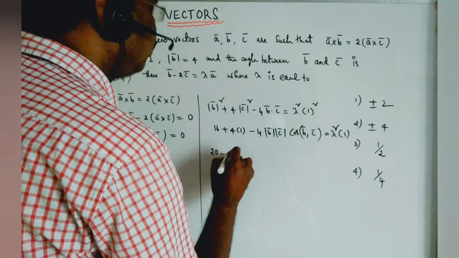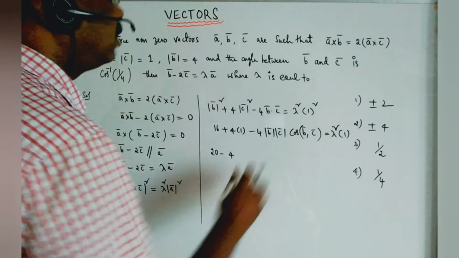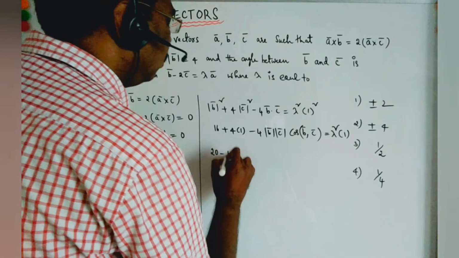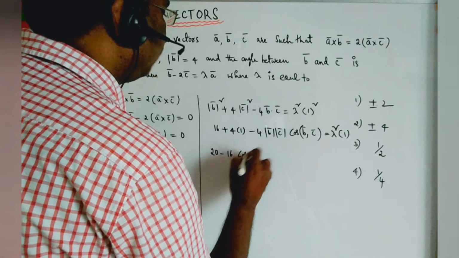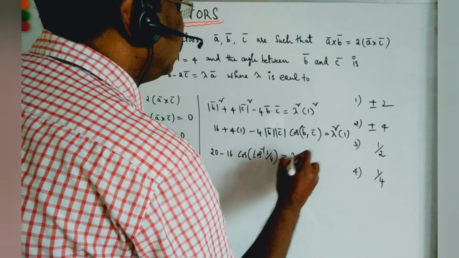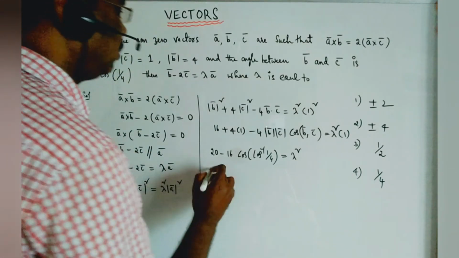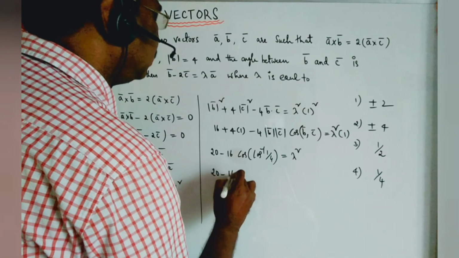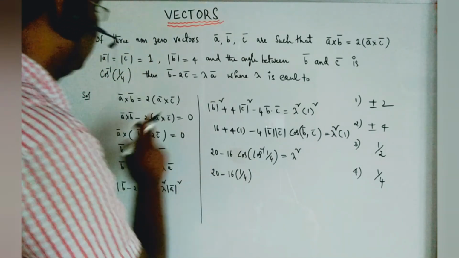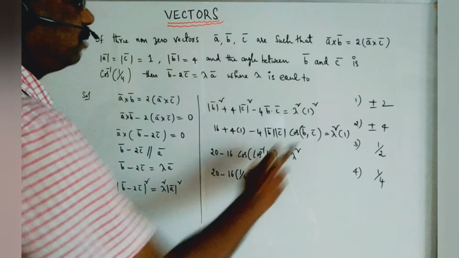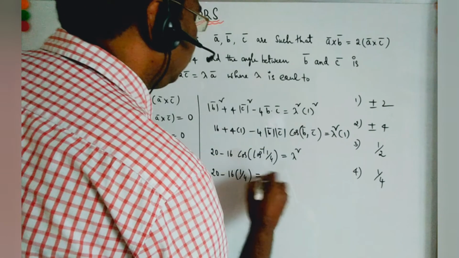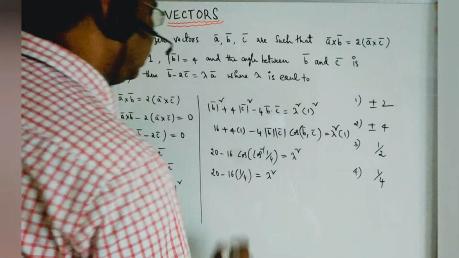Now 20 minus 4 into 4 into 1 into cos of cos inverse 1 by 4 is equal to lambda square. So 20 minus 16 into 1 by 4, since the angle between b bar and c bar is cos inverse 1 by 4, is equal to lambda square.